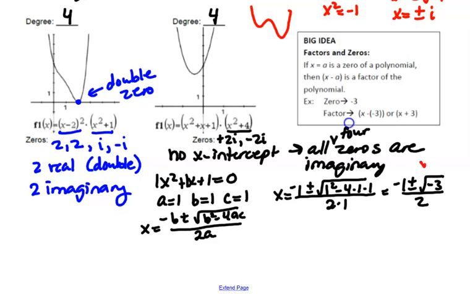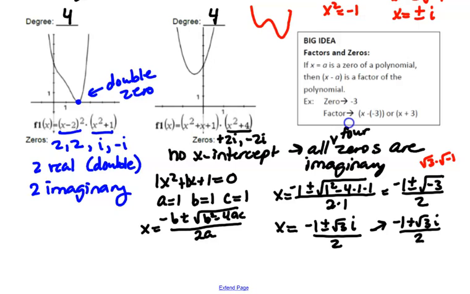So it's the square root of 3 times i. So this is going to give me 2 more imaginary numbers, negative 1 plus or minus the square root of 3i all over 2. So this gives me 2 different solutions: negative 1 plus the square root of 3i all over 2, and negative 1 minus the square root of 3i all over 2. So these would be my other 2 zeros.